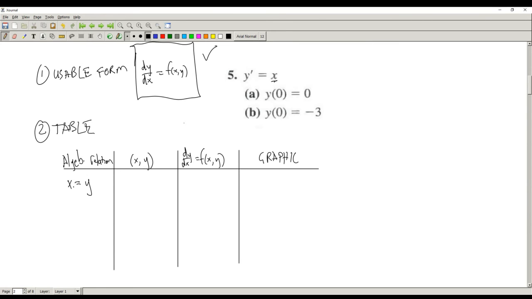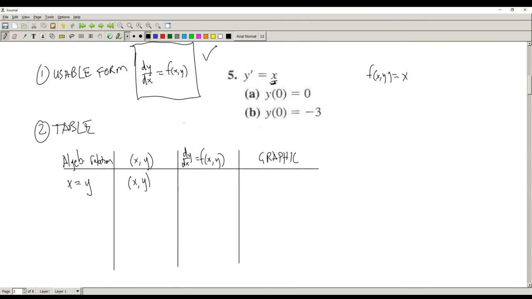So our first point, we're going to say x is equal to y. So in this, our f of x, y is equal to x, because that is what it is over here. So our algebraic relation f of x, y is going to be x because we've decided x is equal to y.